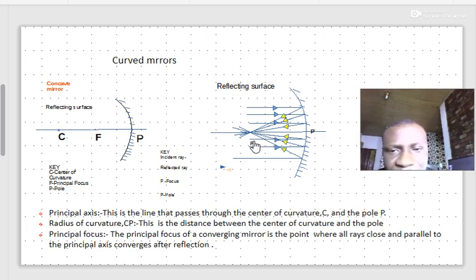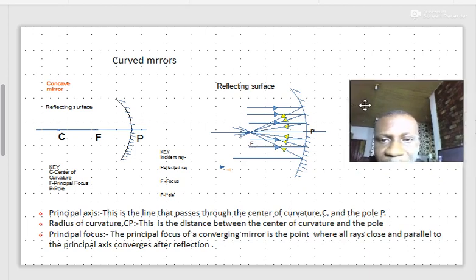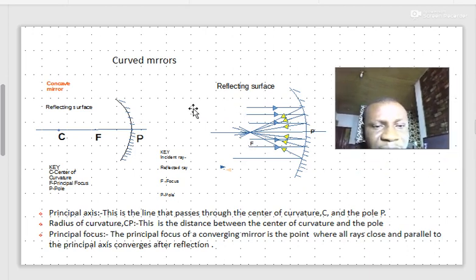The converging mirror is also known as a concave mirror. Pardon me. The concave mirror, I repeat, is called the converging mirror, and that is what we are describing now. What about if the outward part is the reflecting surface and the inward part is untouched? The outward part, being the reflecting surface, will produce a kind of mirror known as a convex mirror.